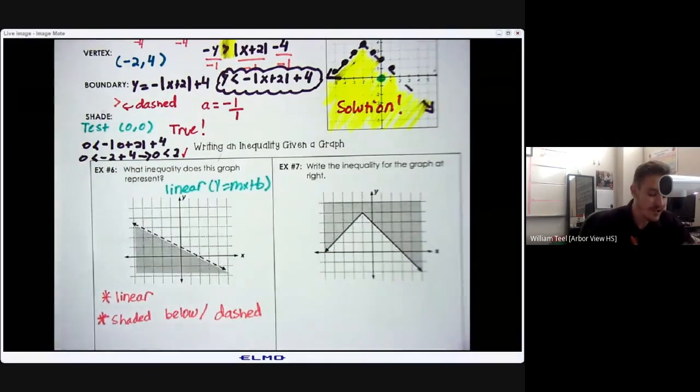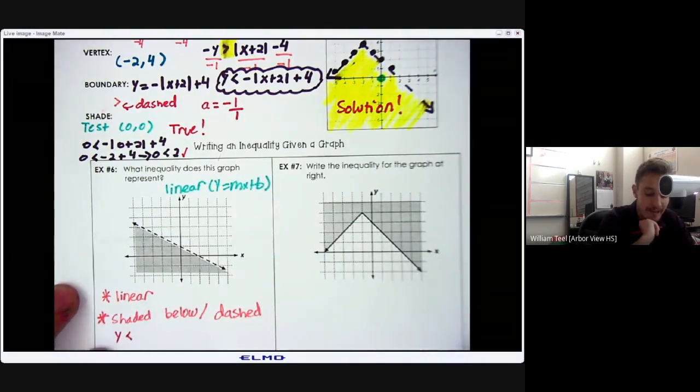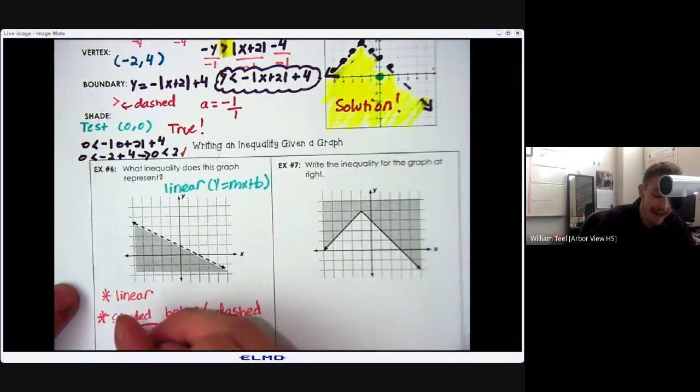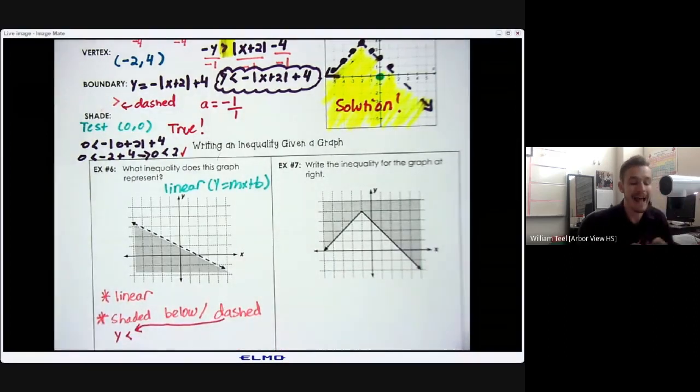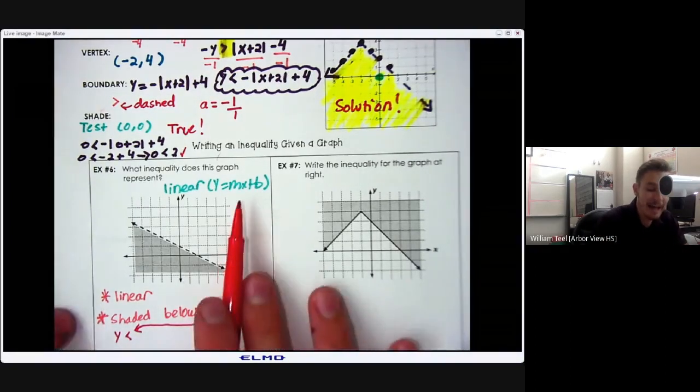Okay, now let's talk about what this means. Shaded below means that we're going to have y is less than something, right? Because we're shading below. And since it's a dashed line, that means we are just going to have the inequality and not less than or equal to. So we have y is less than because we have dashed.